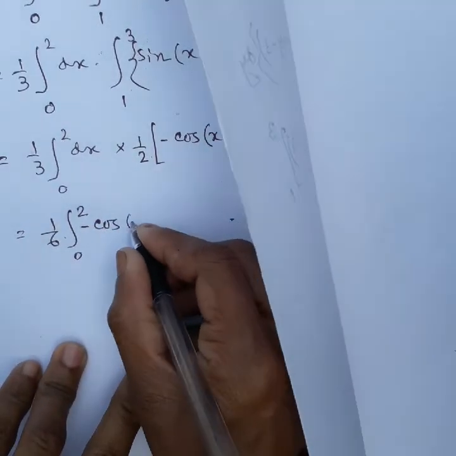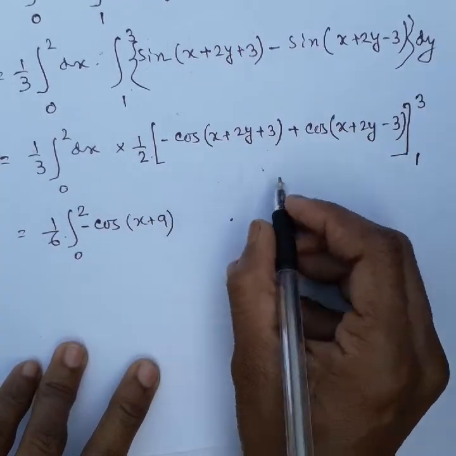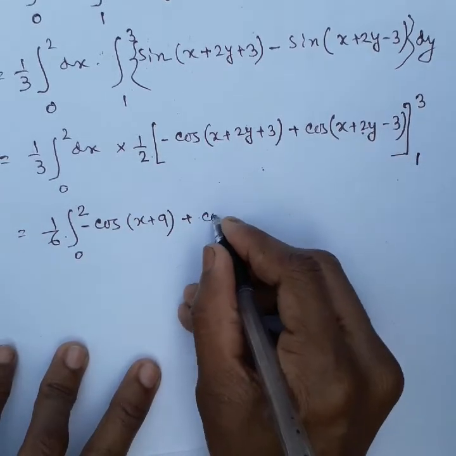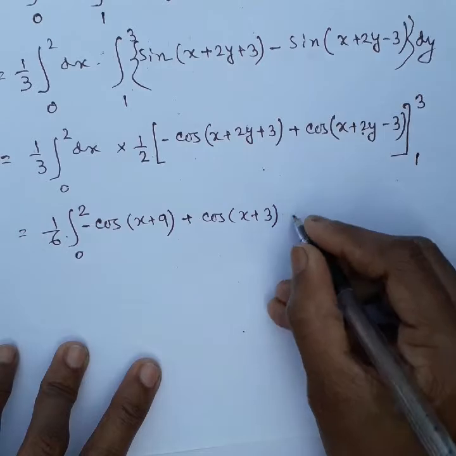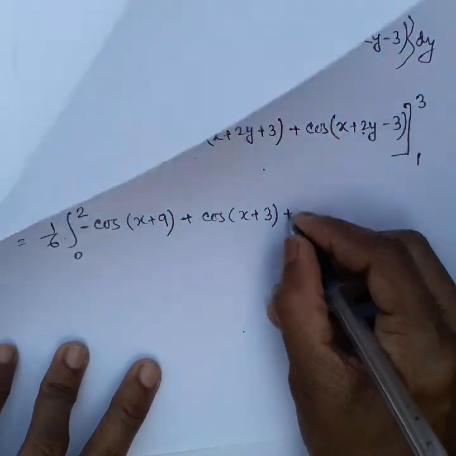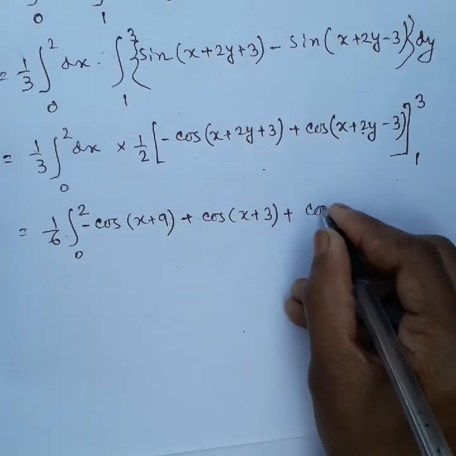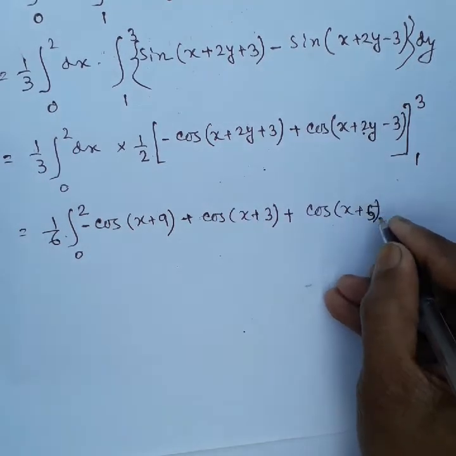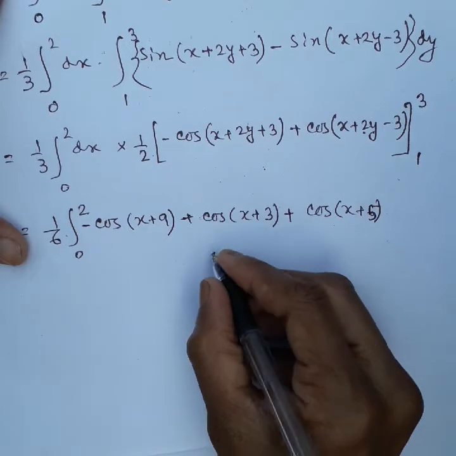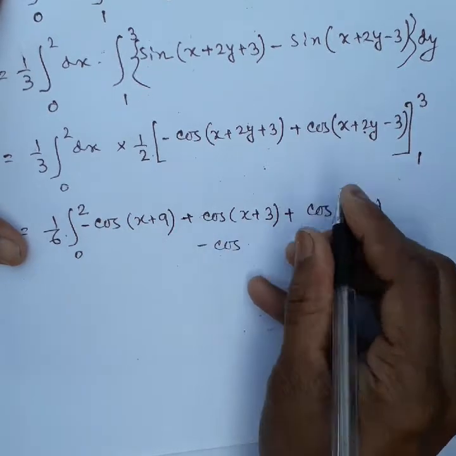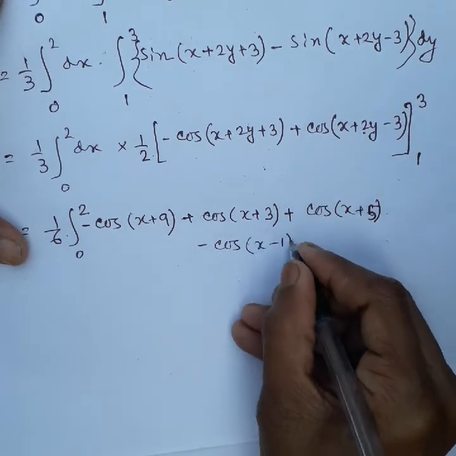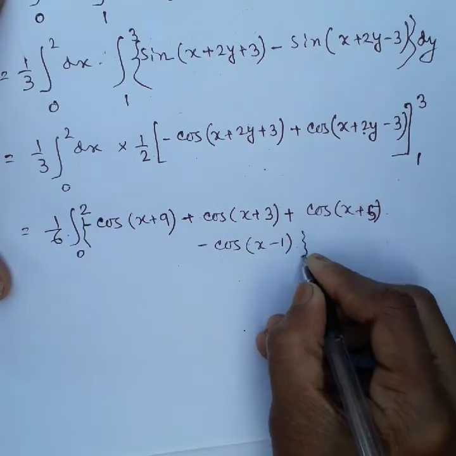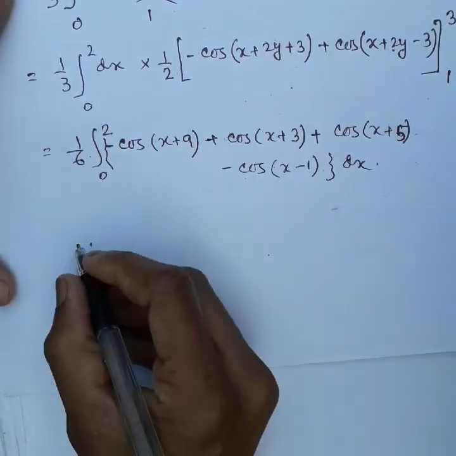So this is minus cos of (x plus 9), and this value is plus cos of (x plus 3). If we put 1 here, this is plus cos of (x plus 5) and minus cos of (x minus 1), dx.